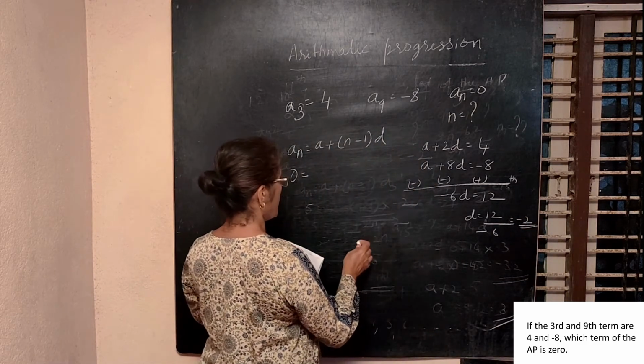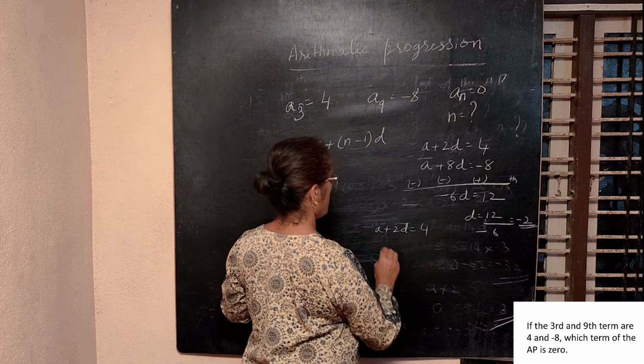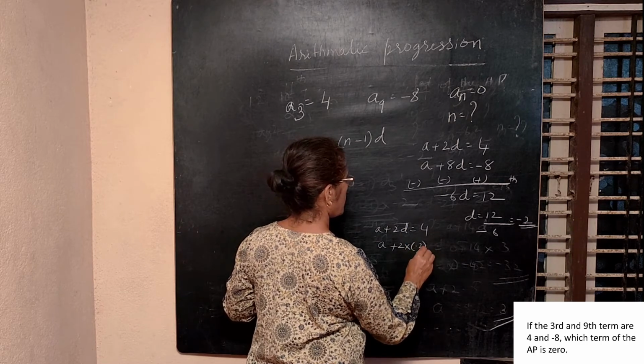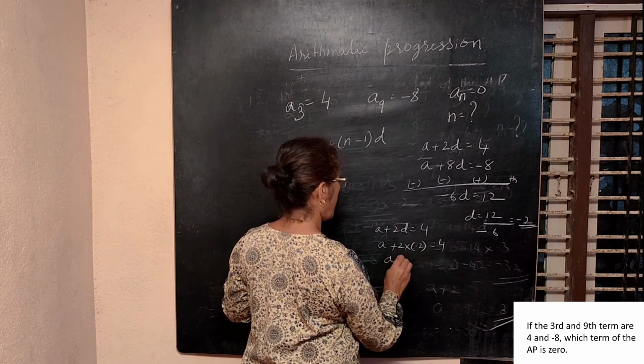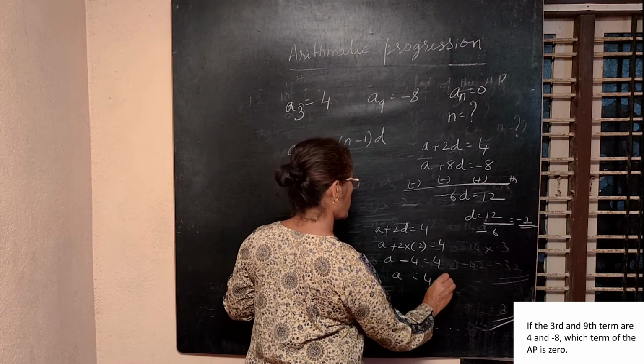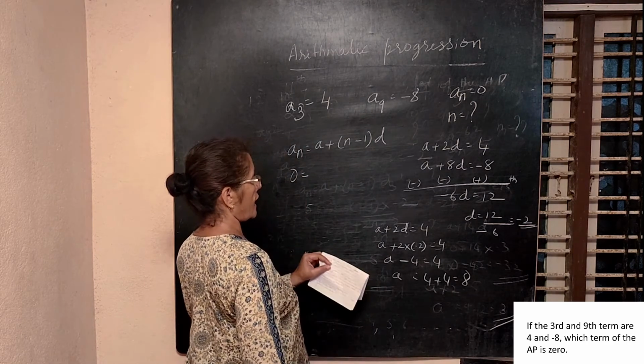So, A plus 2D is equal to 4. A plus 2 into minus 2 is equal to 4. A minus 4 is equal to 4. So, A is equal to 4 plus 4 is equal to 8. So, you can write down the AP now.